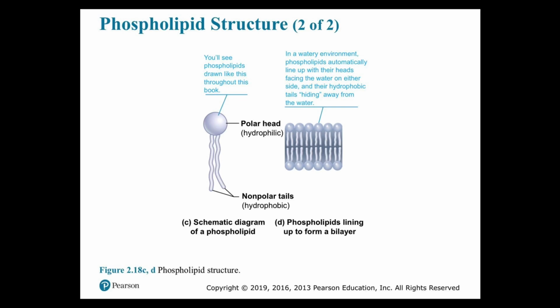When you have a bunch of them together, they will orient themselves spontaneously into a bilayer, 2 layers of phospholipids. If you throw a bunch of phospholipids in water, that's exactly how they are going to place themselves: the hydrophilic heads towards the water, whereas the hydrophobic tails away from the water.